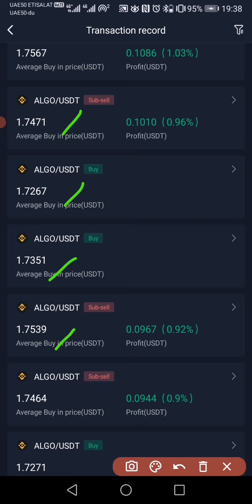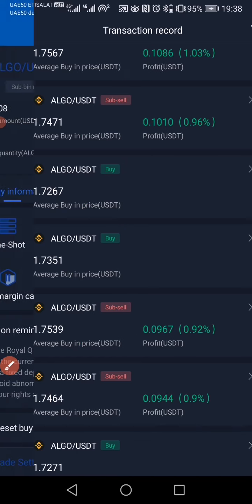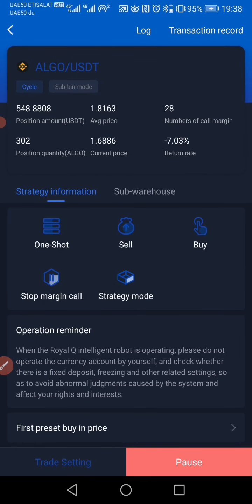The person buying at 0.75 or 0.5 for every buy will have an average price closer to the current price than somebody who is buying with a big margin call drop of 2%. So that is the relationship between average price and the current price.